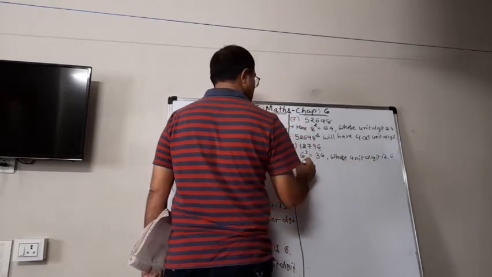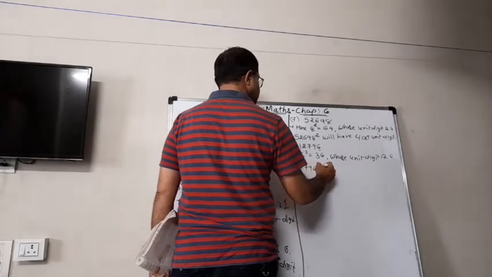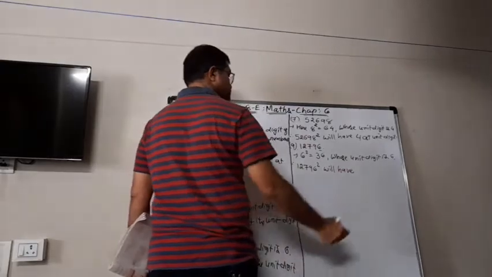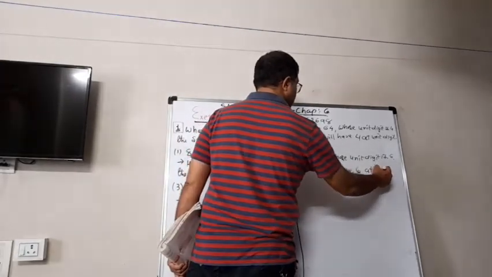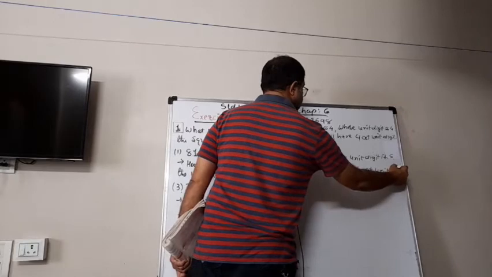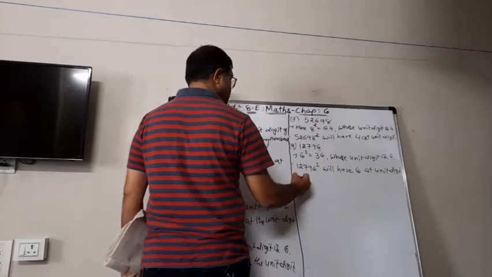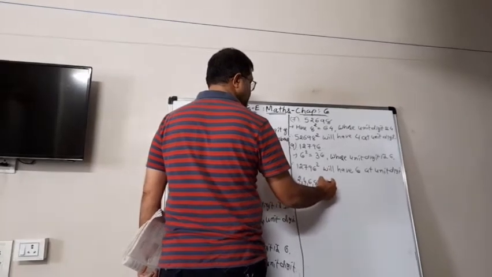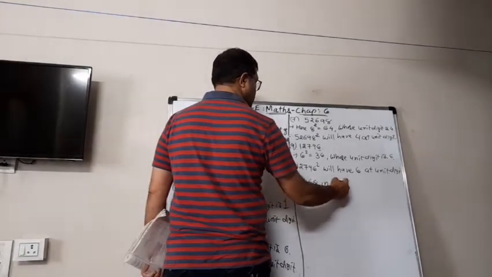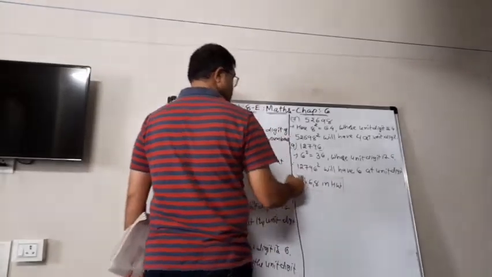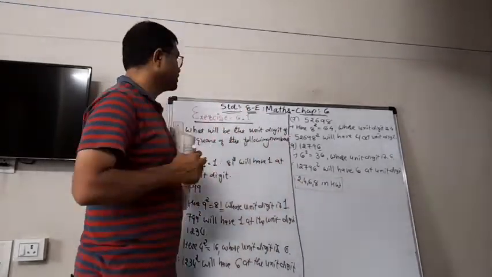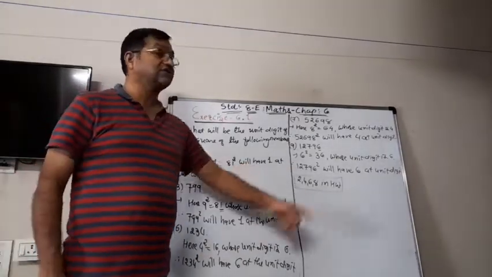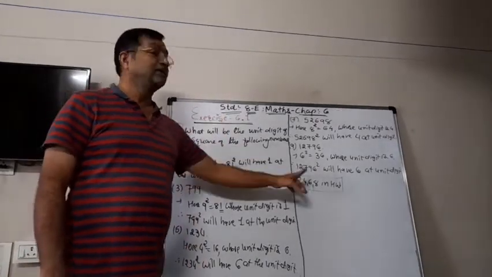Therefore, 12796 square will have 6 at the unit digit. So for question number 1, the second, 4th, 6th and 8th will be for homework.